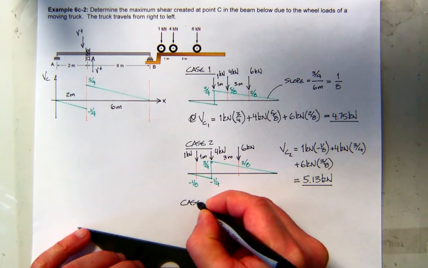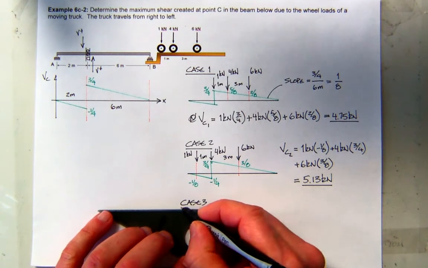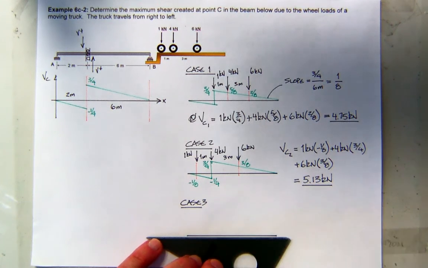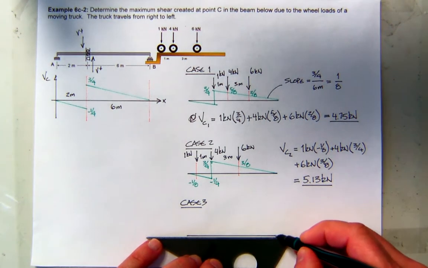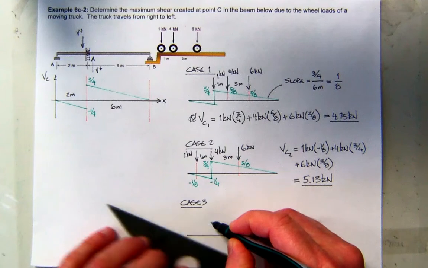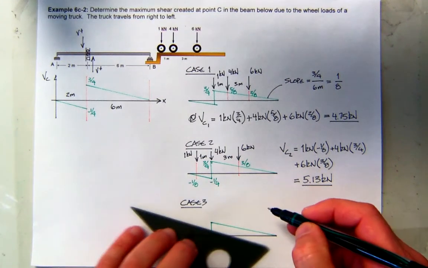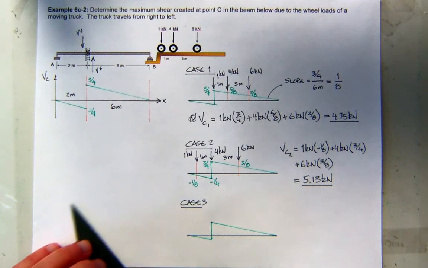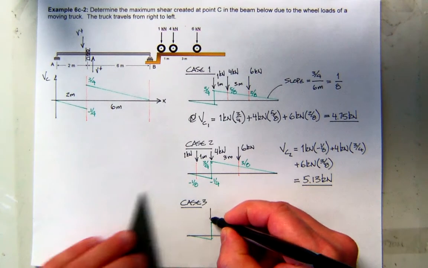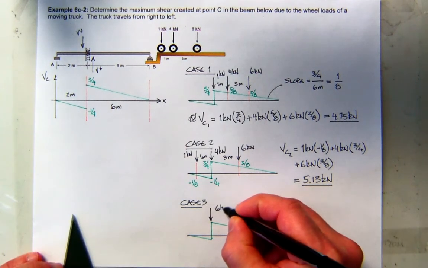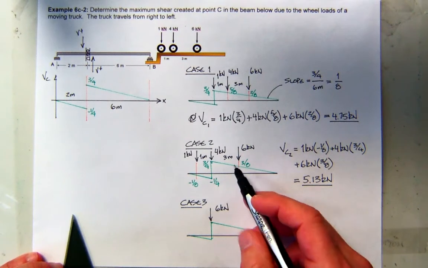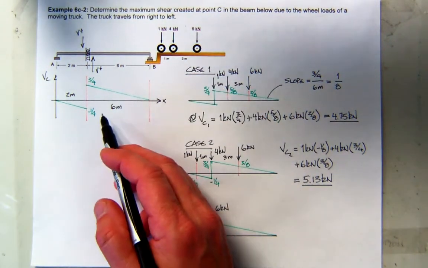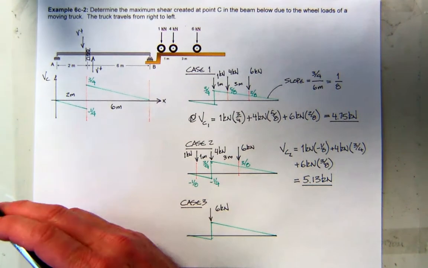One more case to go. Case 3. So now our last force, which is the 6 kilonewton force, goes to the top. 3 meters forward is the 4 kilonewton force, but it's only 2 meters left, so it's off.